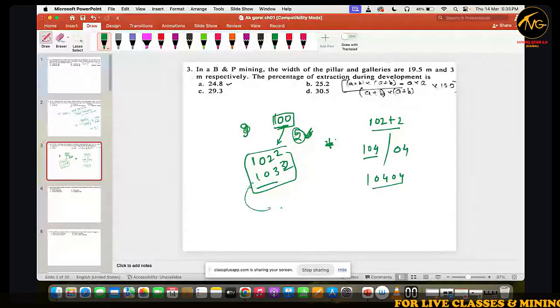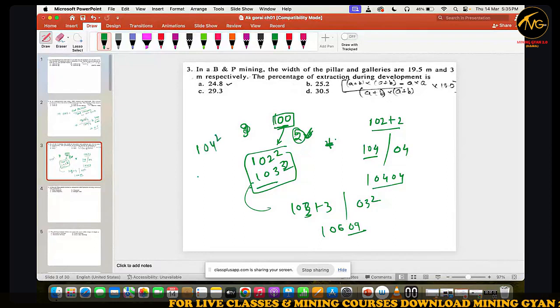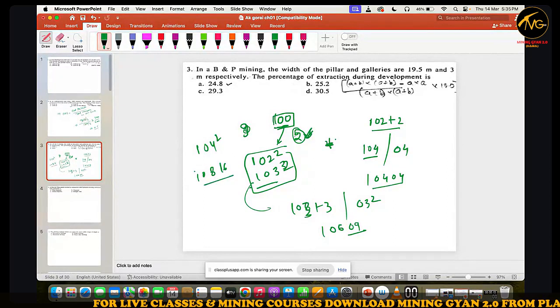Okay, so like this 103 plus 3 is 106, and 3 squared is 09, so 10609. If you want 104 square, so 108 16.